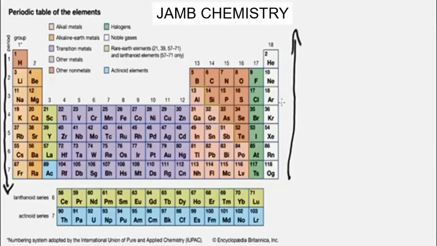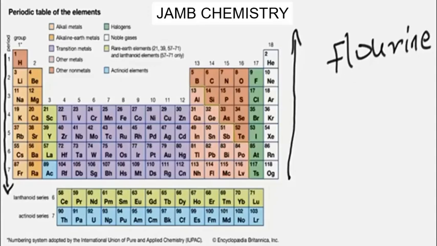Now for non-metals, elements in group 7 are considered the most reactive non-metals. Know that fluorine is the most reactive non-metal, because it might come in your MCQ chemistry question.